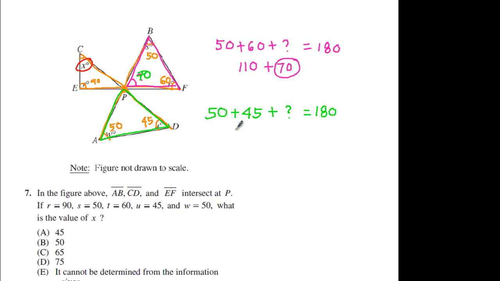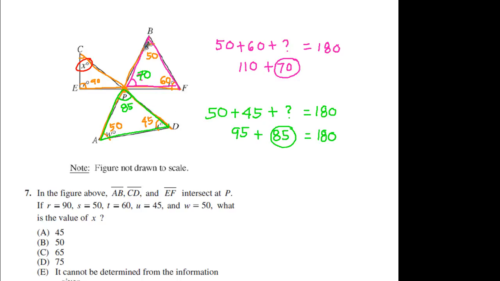So 50 plus 45 is 95 plus what in order to get 180? So we know the value here should be 85. So this angle P should be 85 degrees.